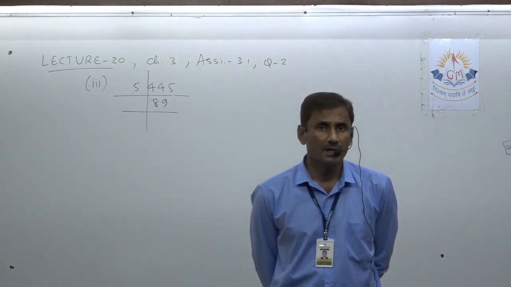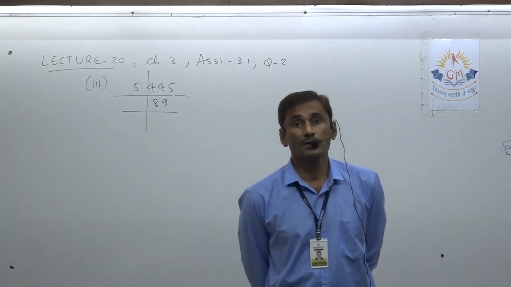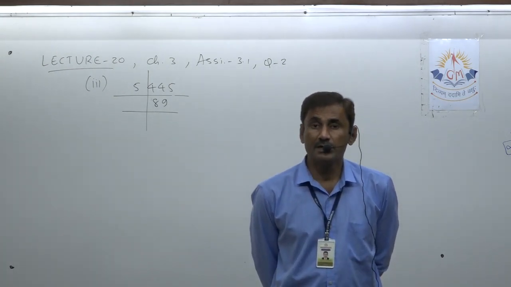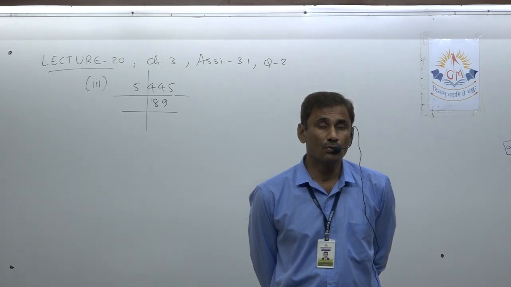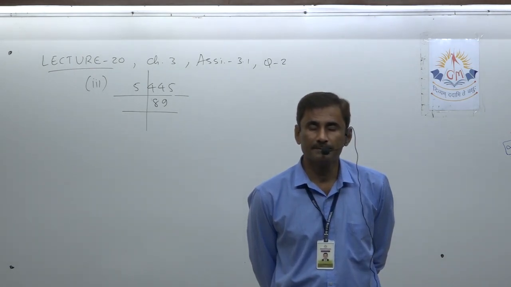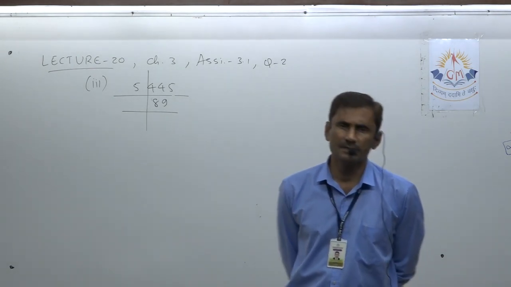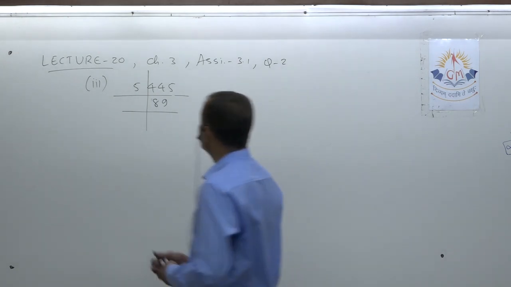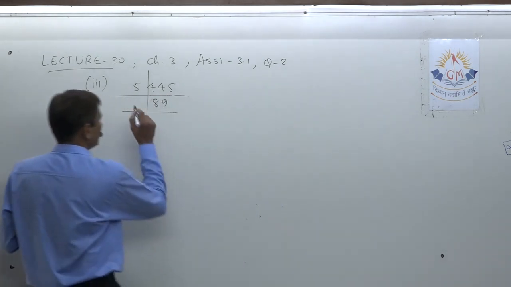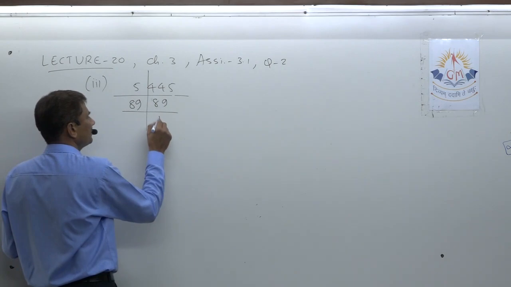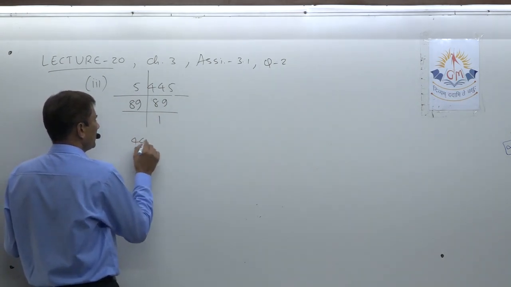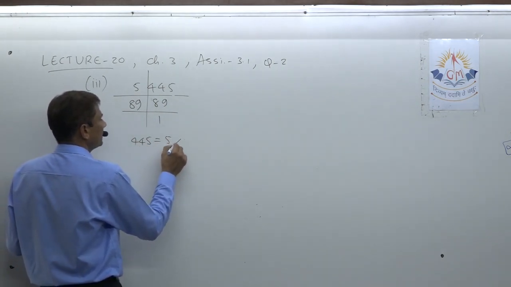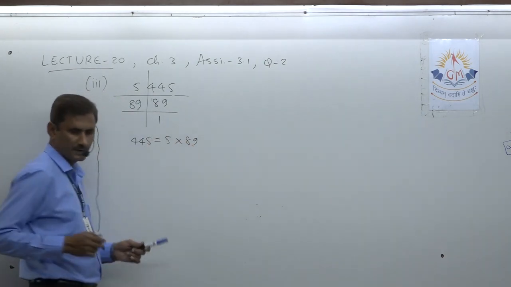Not divisible by 5, not divisible by 7. The next number is 11, no need to go up to 11. So it is enough. We proved that it is a prime number, so only one 89 will be there. So 445 equals 5 into 89.